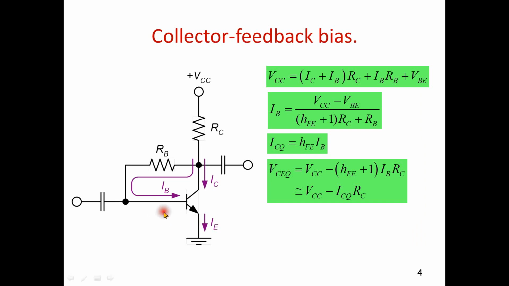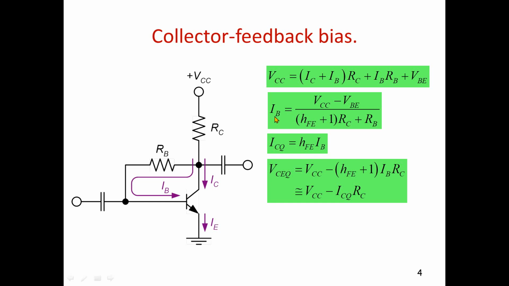So this particular region is considered to be VBE, and from this we can calculate the value of base current, which is IB equal to VCC minus VBE divided by (1 plus HFE) into RC plus RB. From this, the operating point can be considered as ICQ, that is the collector current, which is HFE into IB. So ICQ is the Q point.